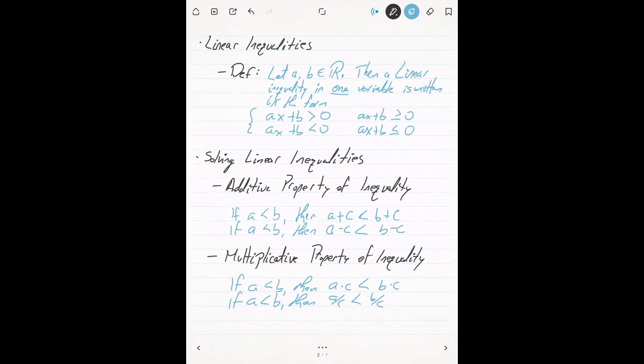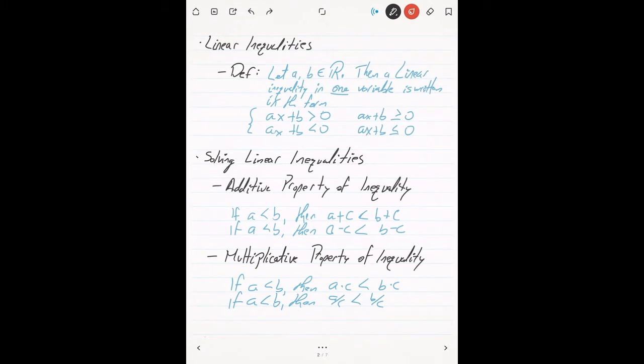However, there's one catch to this, okay? All of this is the exact same thing as what we did when we worked with equations. It's the same properties. It's the same work, okay? Instead of having an equal sign, we now have just these inequality signs. But here's the catch. The multiplicative property.